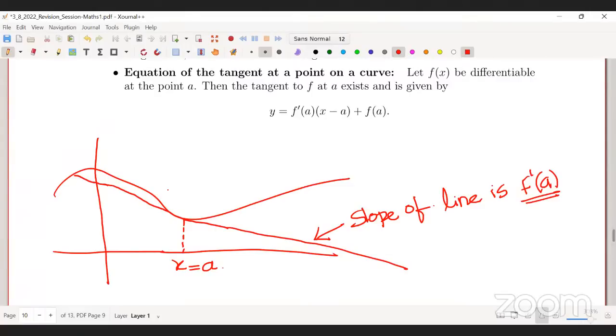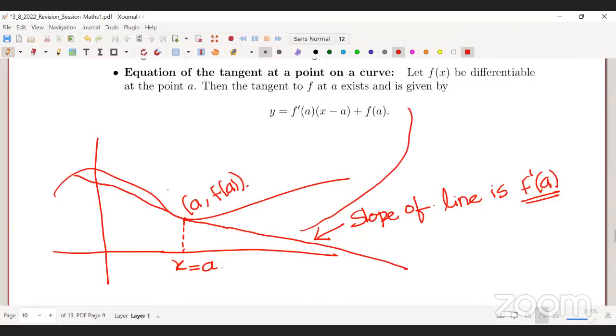Now you know this line passes through the point a, f of a, and the slope of this line is f dash a. So once you know that, you can easily calculate the equation of the line.